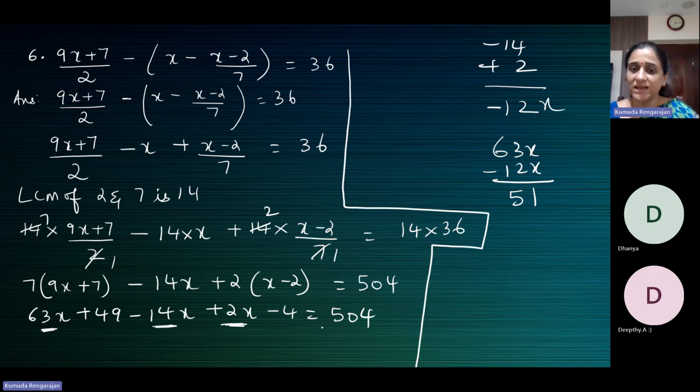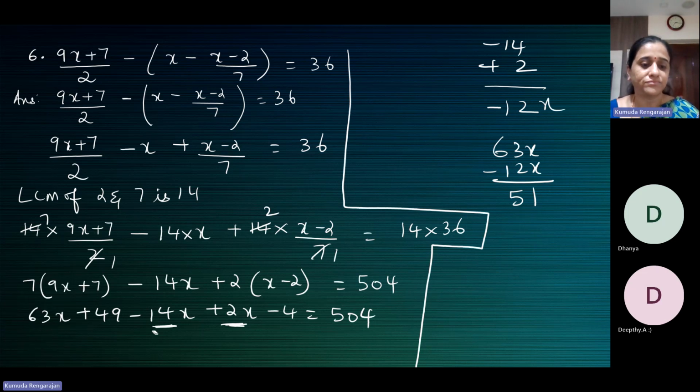Once the terms are free like this, standing freely, 63x plus 49 minus 14x, the terms are all standing alone. Here you'll have to use the laws of addition and subtraction. Same signs, add, put the same sign. Different signs, subtract, put the sign of the greater number. Multiplying signs is only when you're doing it with the bracket.